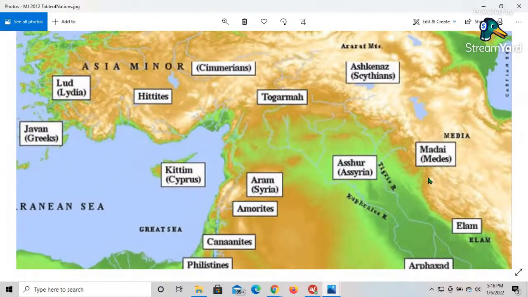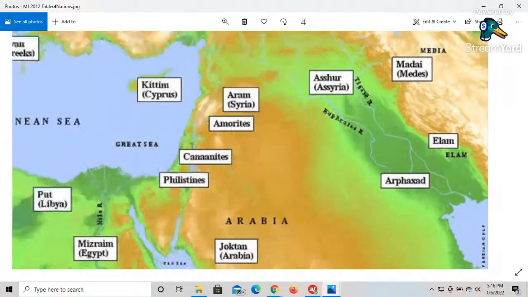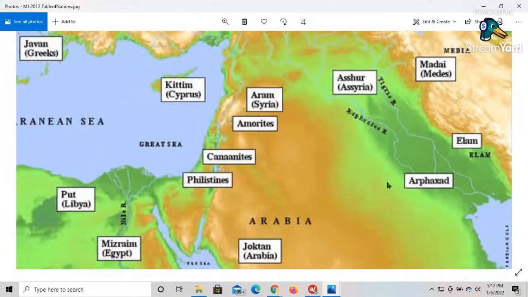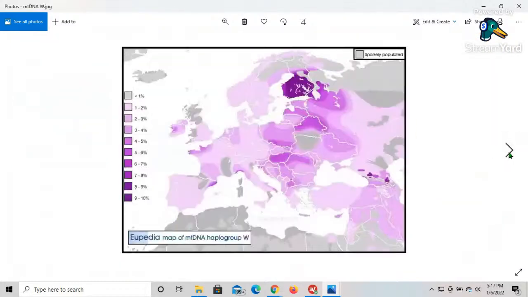Madai, Medes, Elamites, Arpachshad. It's kind of a simple map, I guess.